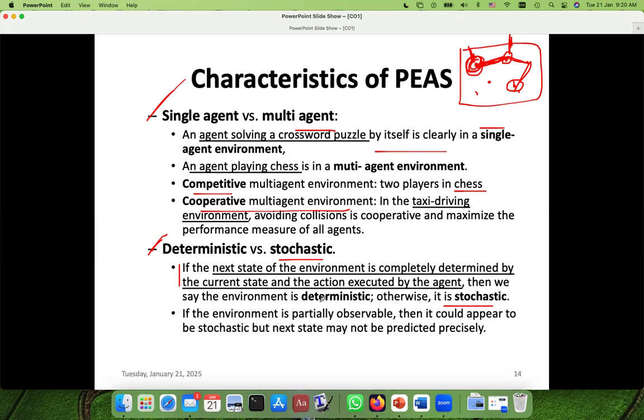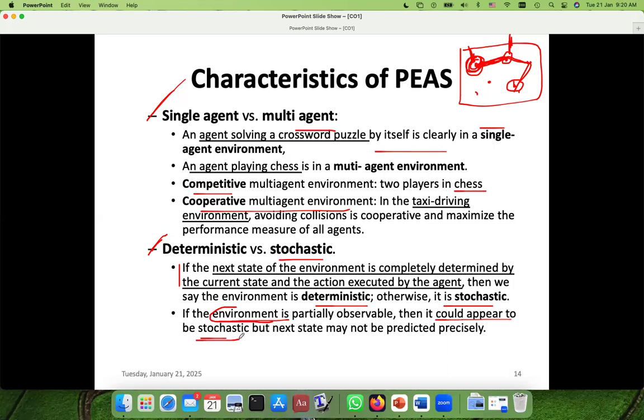So if the environment is partially observable, previously we saw what is fully observable. And here we are saying if the environment is partially observable, then it could appear to be stochastic. Then that environment can be stochastic.